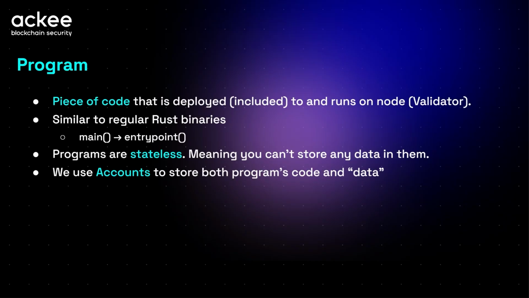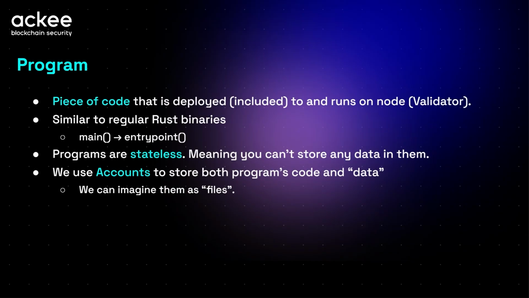And then once it's deployed, it does not have any state, the program I mean. So that means programs are stateless. In order for programs to store data, they store the data in accounts. You can imagine accounts as files.